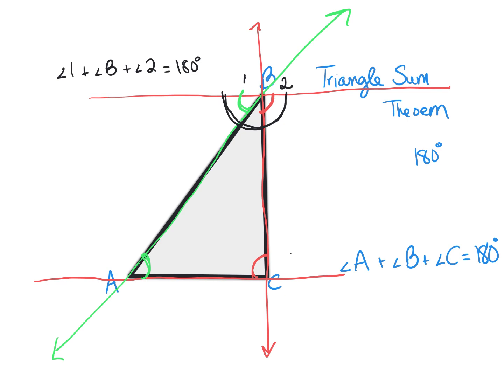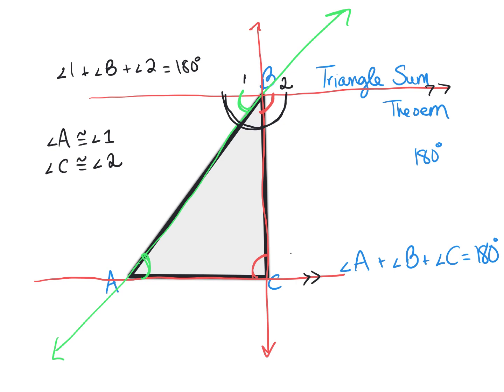And we know that angle A is congruent to angle 1 because those angles are alternate interior angles along two parallel lines. And we know that angle C is congruent to angle 2 because along the transversal BC, angle C and angle 2 are also alternate interior angles, so those are congruent.